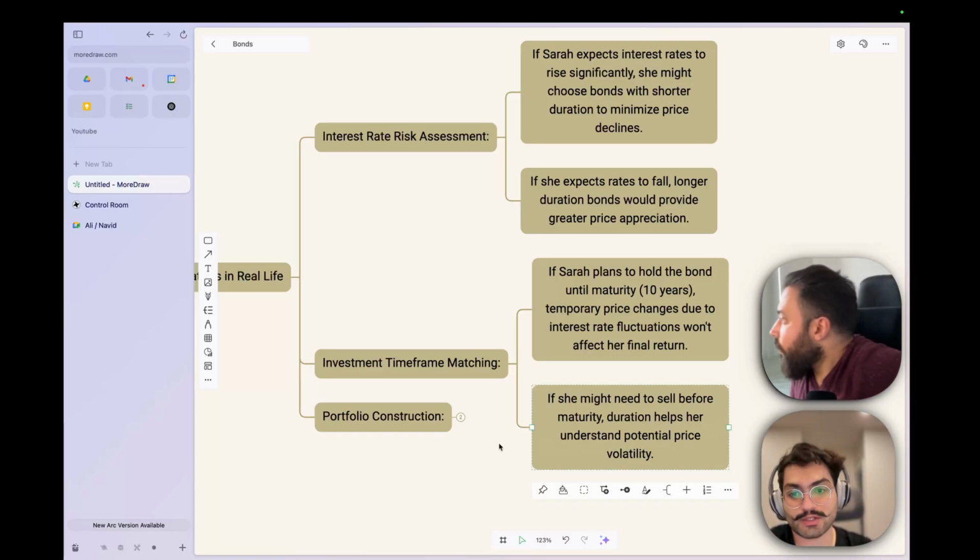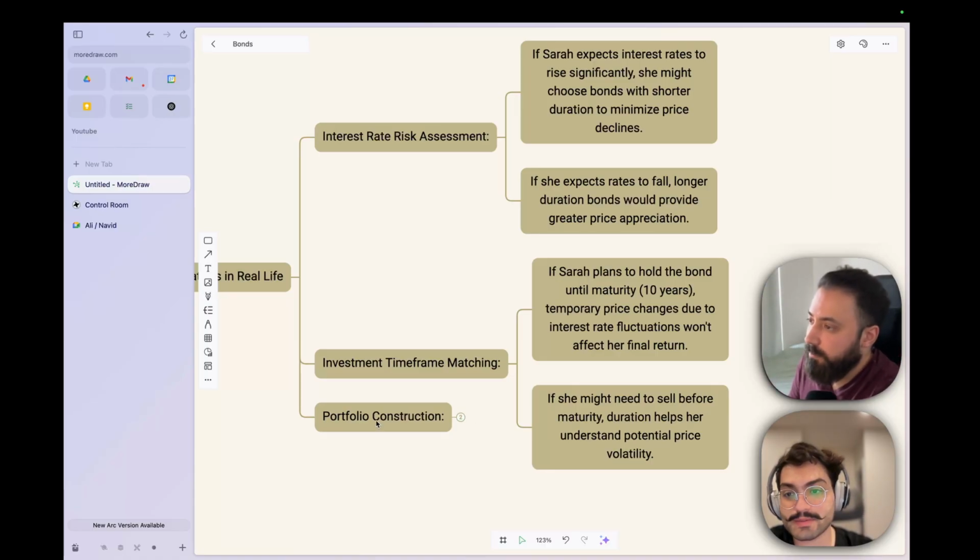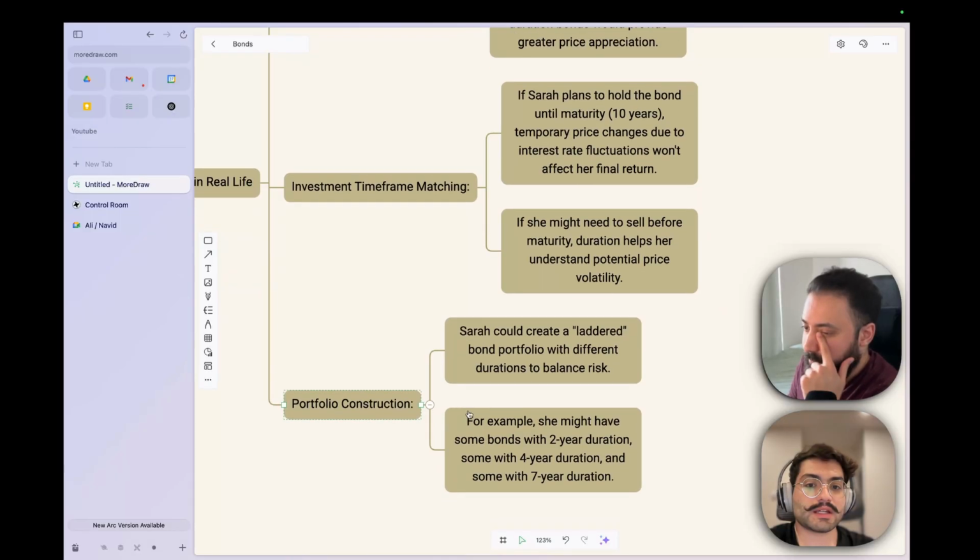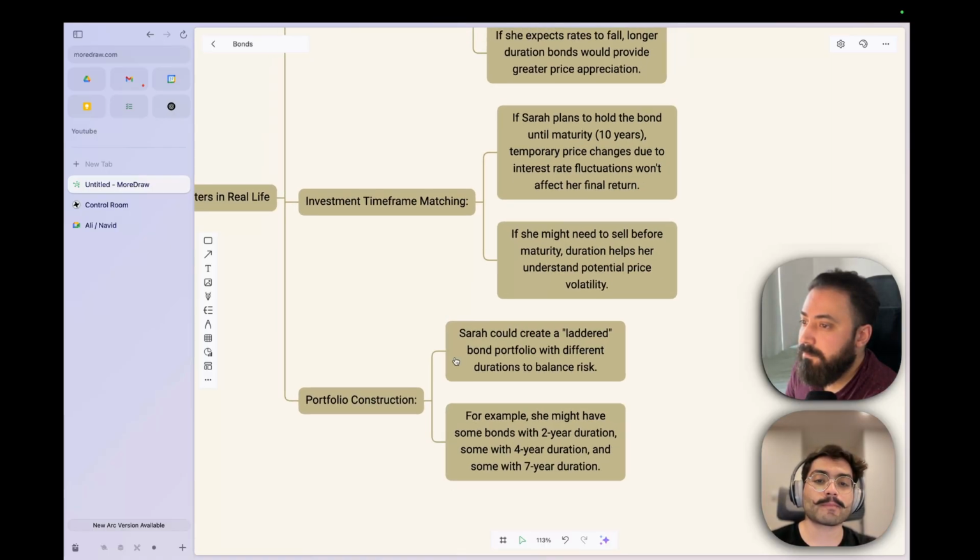It also helps Sarah construct her portfolio. She can create a laddered bond portfolio with different durations to balance risk. For example, she gets a bond with a 2-year duration, a 4-year duration, and a 7-year duration to alleviate this risk.